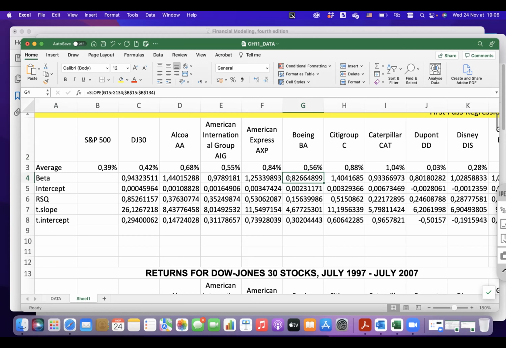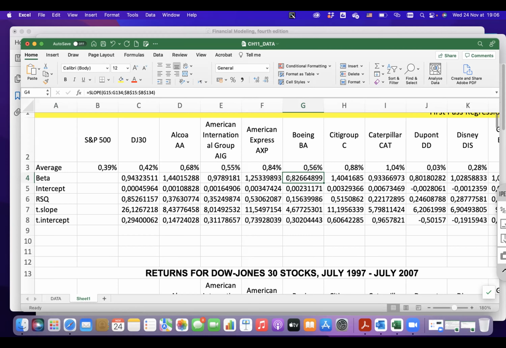If you expect the market to go down in the next few weeks, choose the defensive stock, the one with the lowest beta, less than 1.